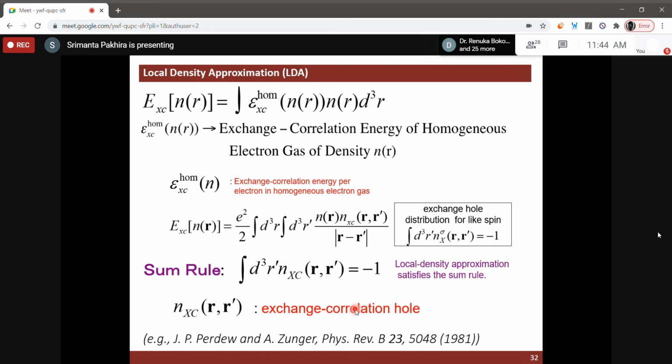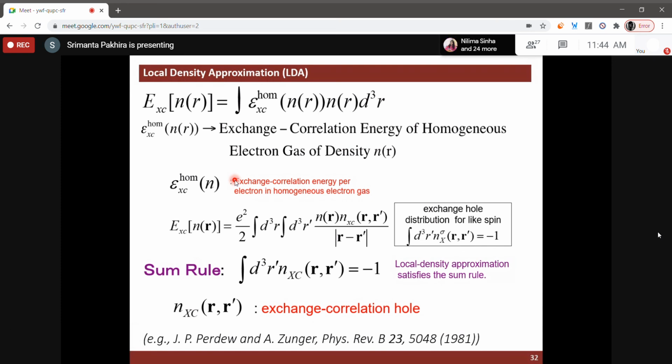It has some density which is defined by n(r), and then we should write down the exchange parameter for each electron, each case. There is a homogeneous density, that's why we write E_x homogeneous as a function of n(r).